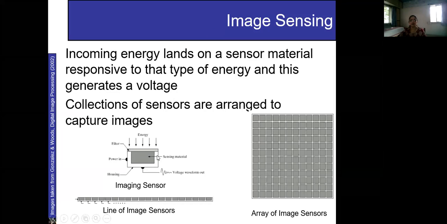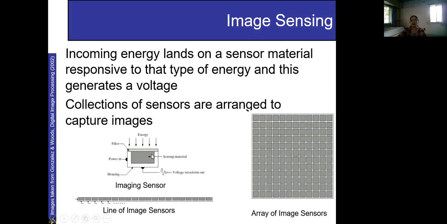Okay, so this is an example of a single sensor which is based on charge coupled devices, and this sensor is illuminated by light energy, or by photons, and the input photon energy is converted to an equivalent voltage. It is stored in the sensor in terms of charge, and that charge is converted to an equivalent voltage output. Okay, so this is an example of a single sensor.